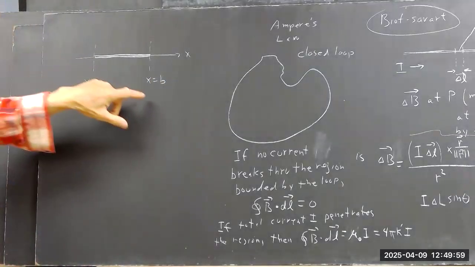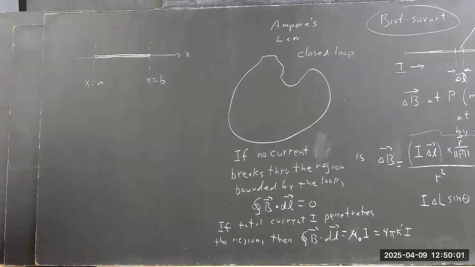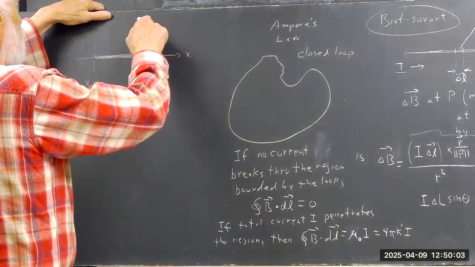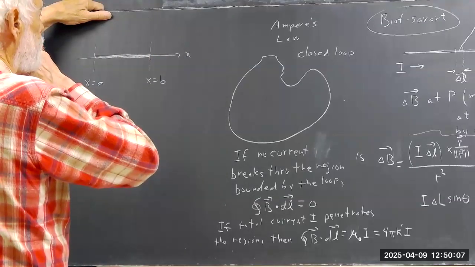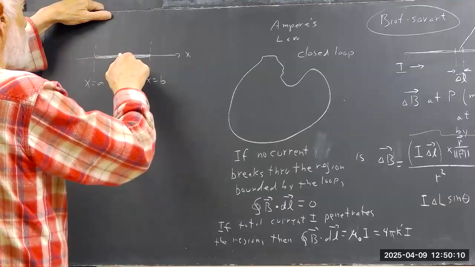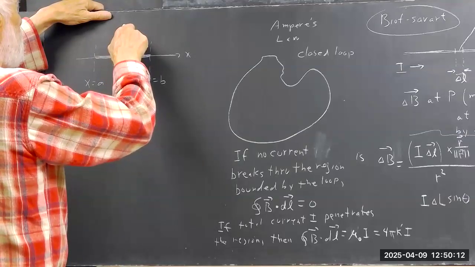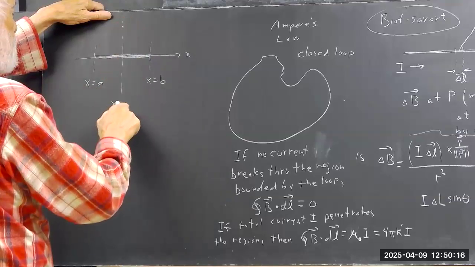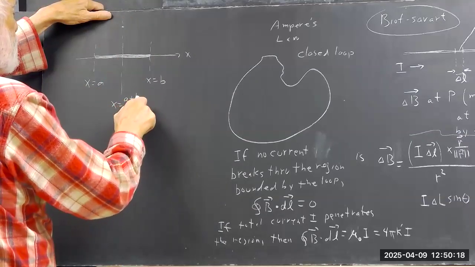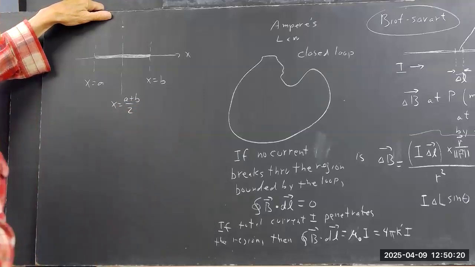Here's where x equals A, here's where x equals B, and here's our point P. I don't want to get too general, so I'm just going to put point P above the center of the wire. So that should be A plus B over 2.